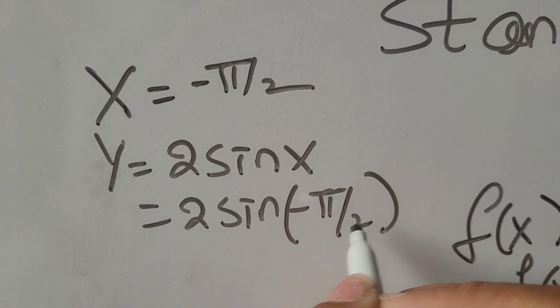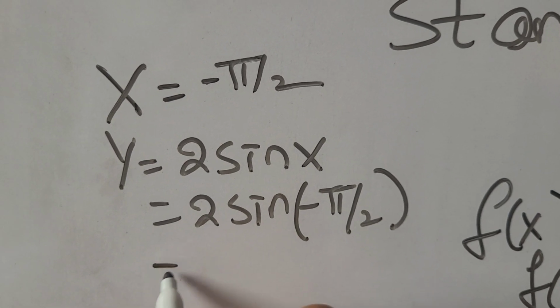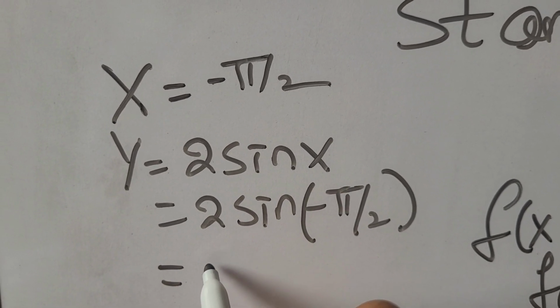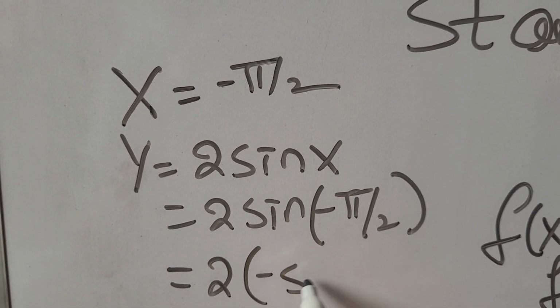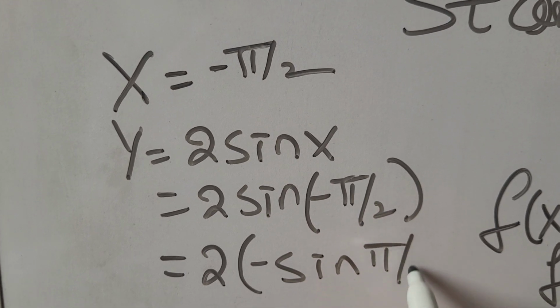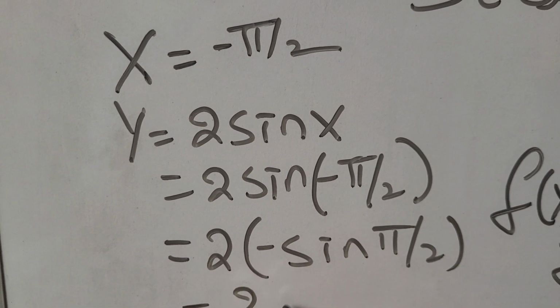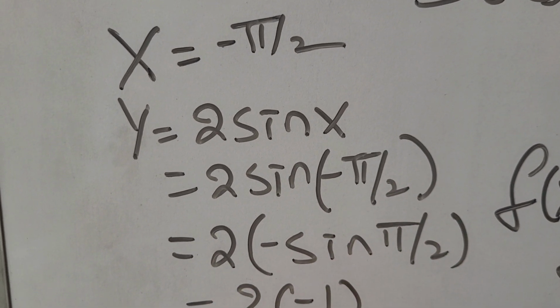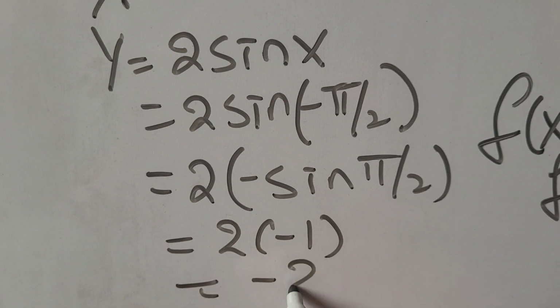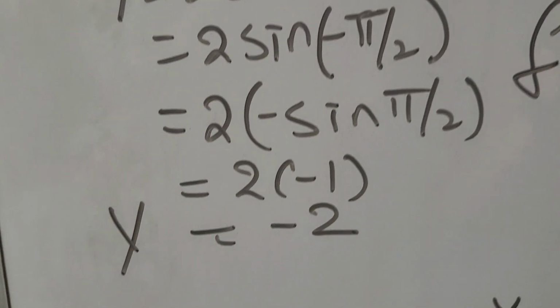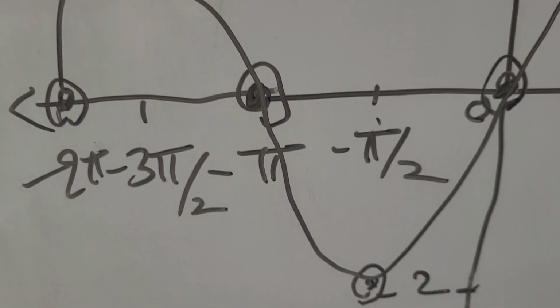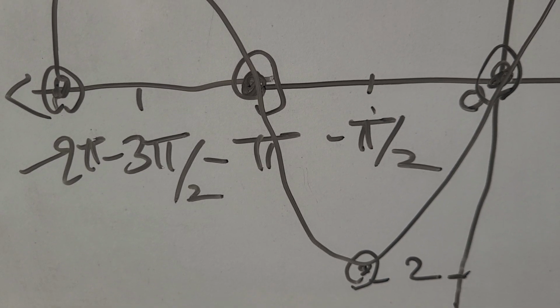As you all know, sine of minus theta is always minus sine theta. So 2 times minus sine pi by 2, which is 2 times minus 1. Sine pi by 2 is 1. So the value for y is minus 2. Hence we have marked for minus pi by 2 at minus 2.